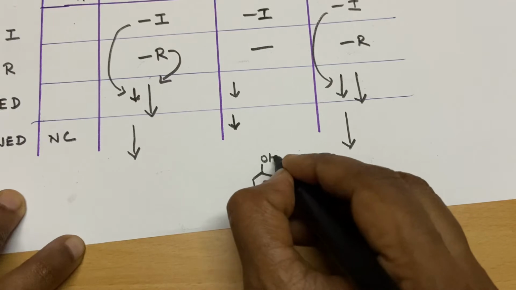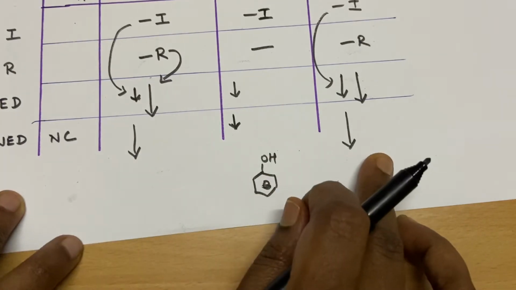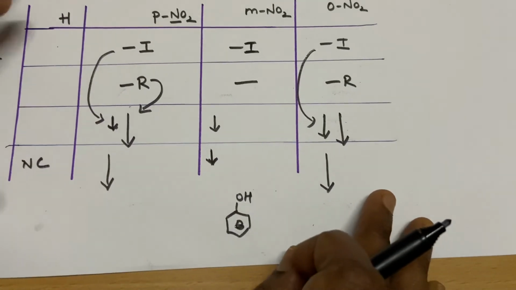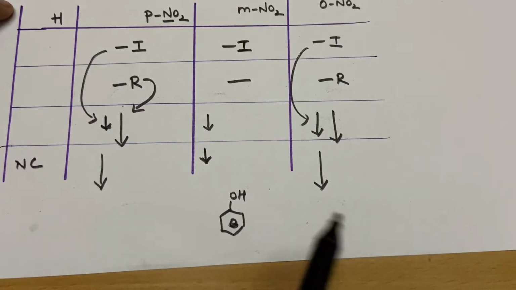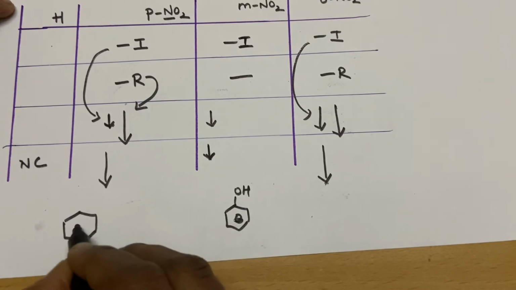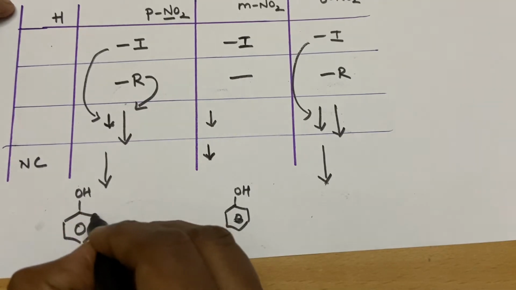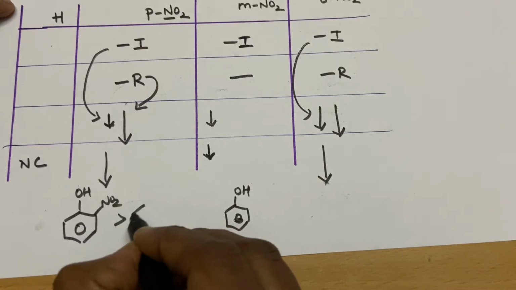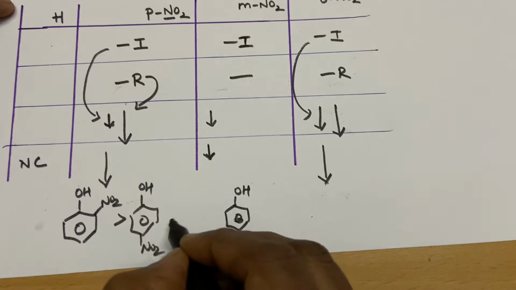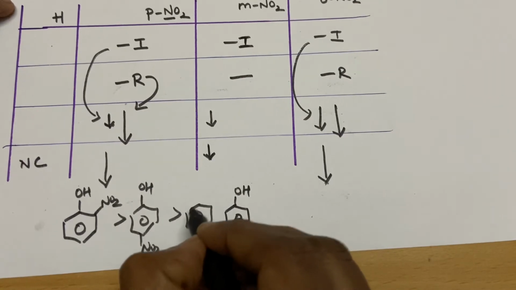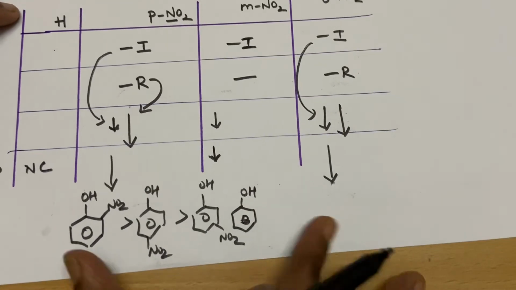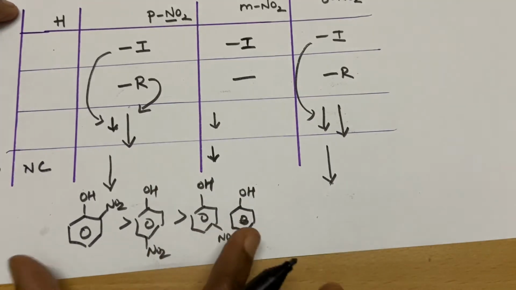When compared to phenol, the electron density has decreased in the others, and the decrease in electron density will increase the acidity. The most decrease is in ortho, then comes para, and then meta. So far, considering the electronic effect, we write this order.